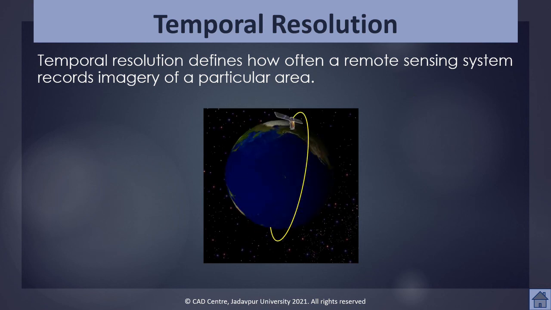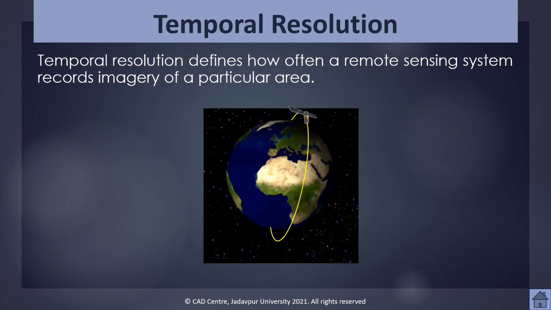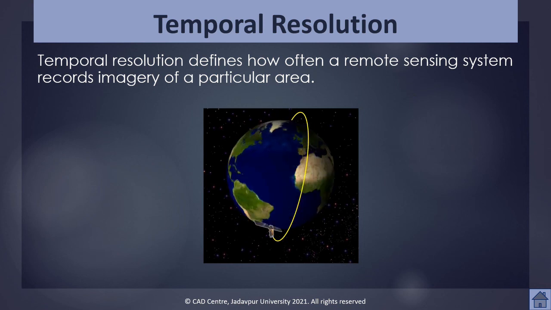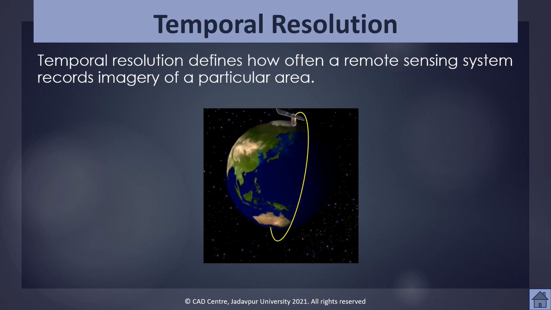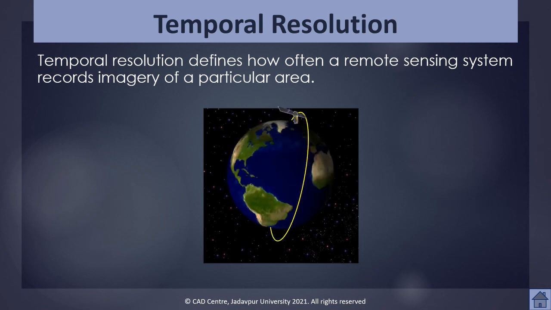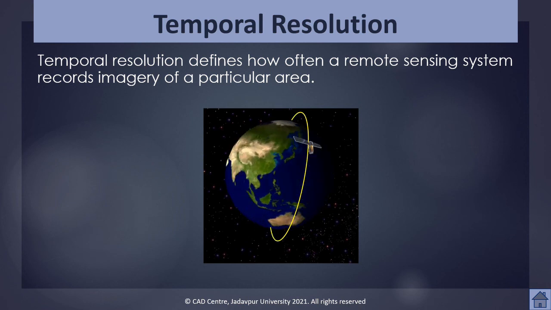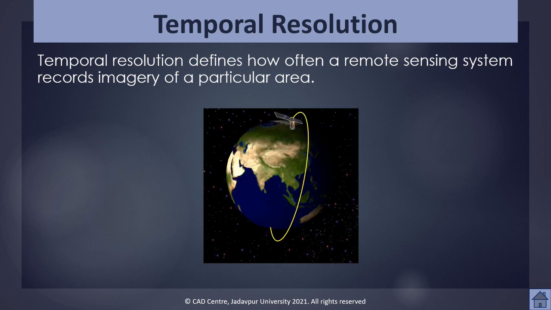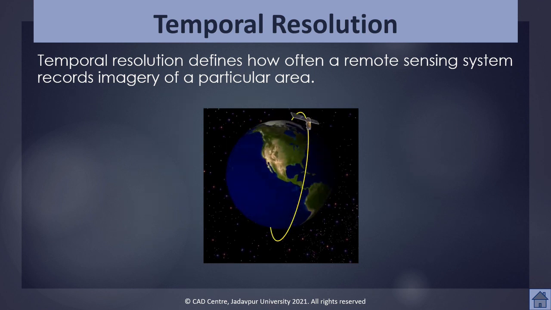So, if the satellite scans its nadir point for the second time, then the gap in between the first scan and the second scan is the temporal resolution or the temporal gap.